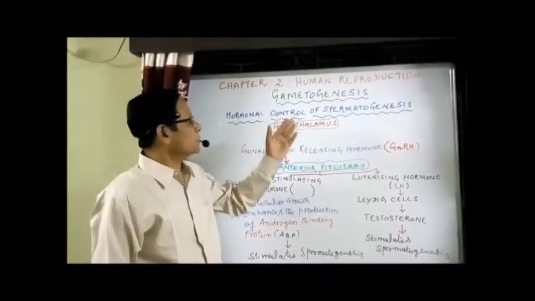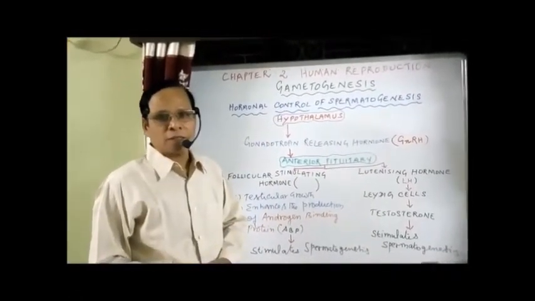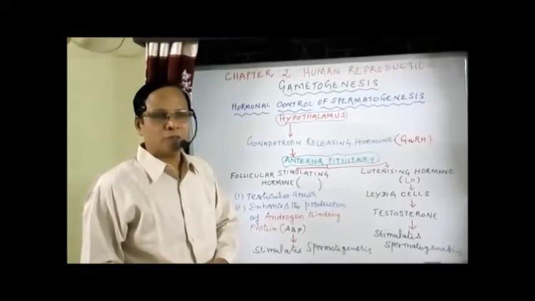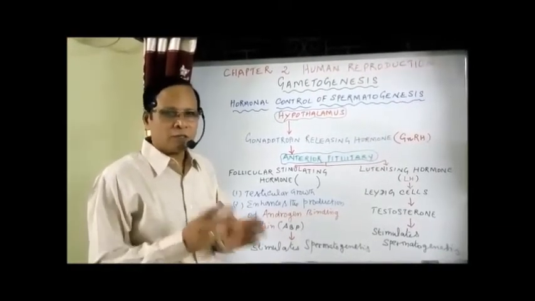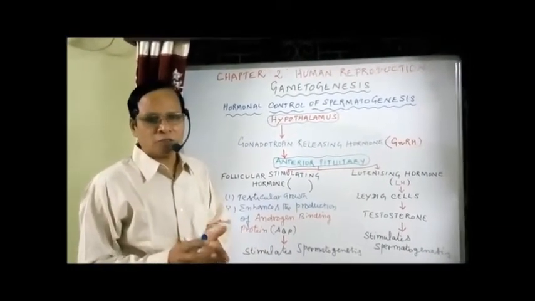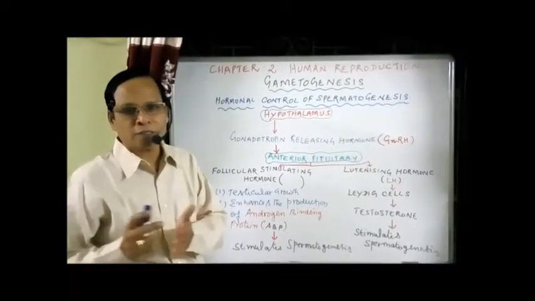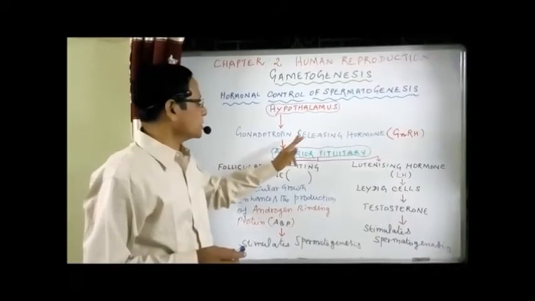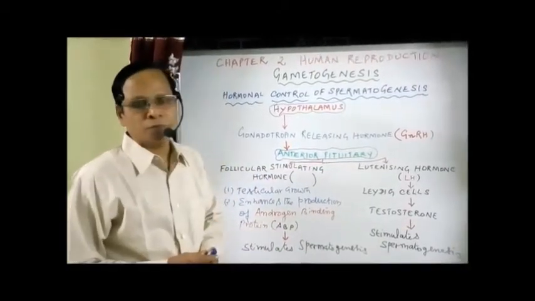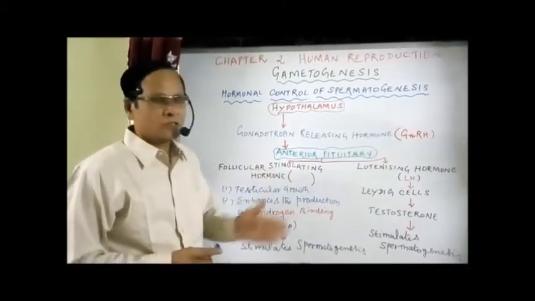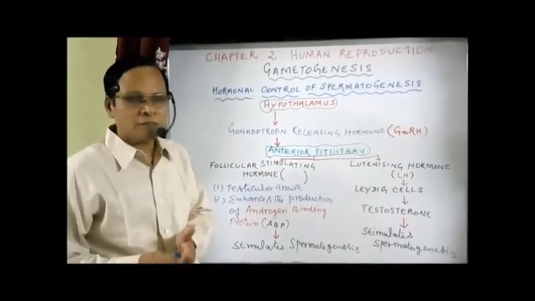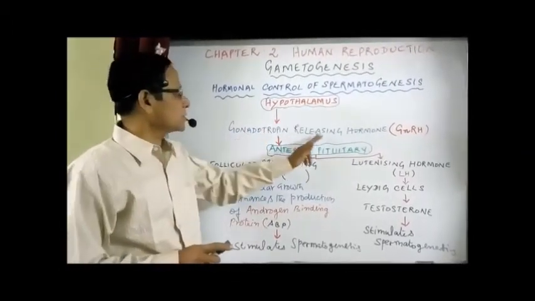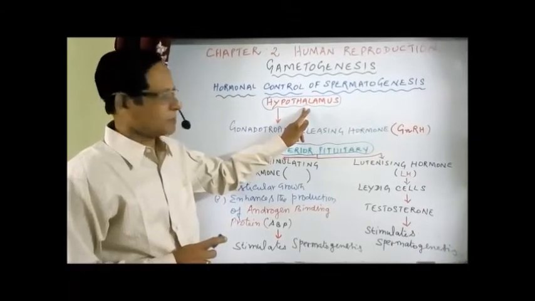Spermatogenesis begins at the age of puberty. It is initiated due to the increased release of gonadotropin releasing hormone from the hypothalamus.